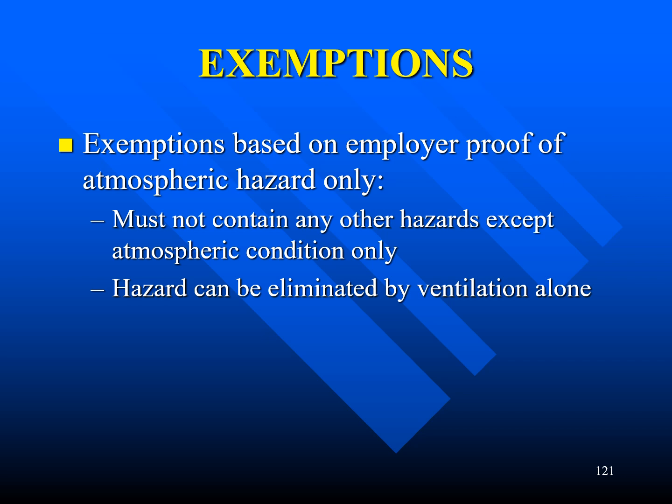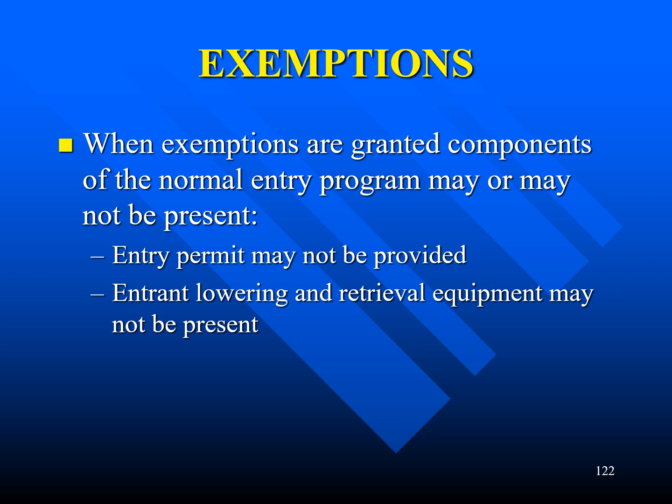Exemptions are based on employer proof of atmospheric hazard only. They must not contain any other hazards except an atmospheric condition only, and the hazard can be eliminated by ventilation alone. When exemptions are granted, components of the normal entry program may or may not be present.